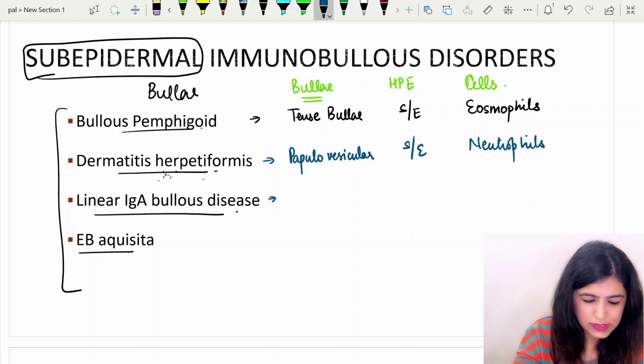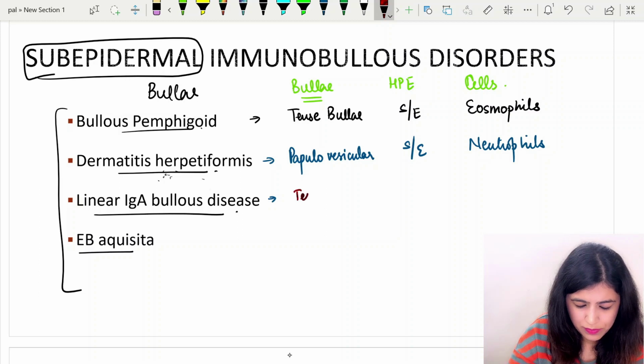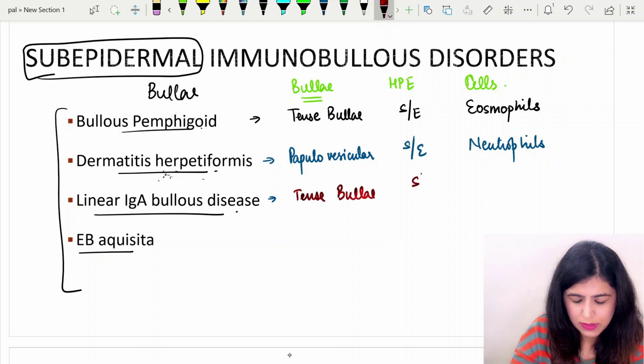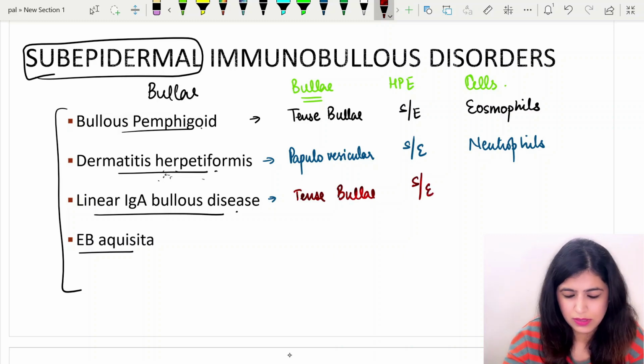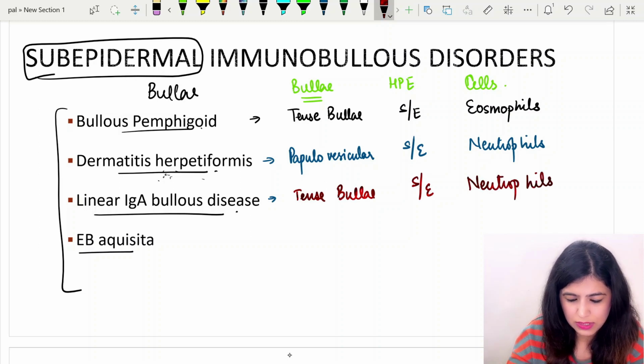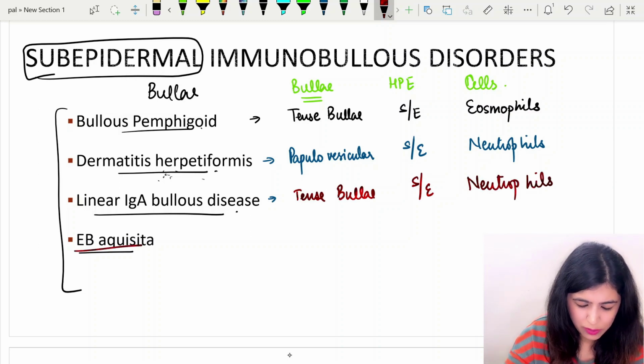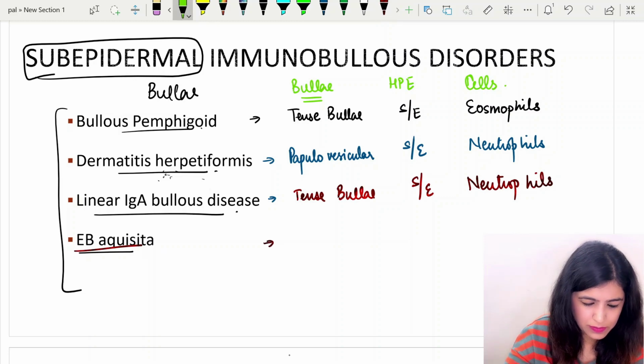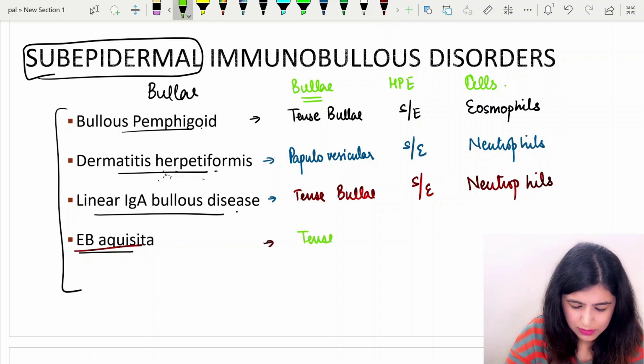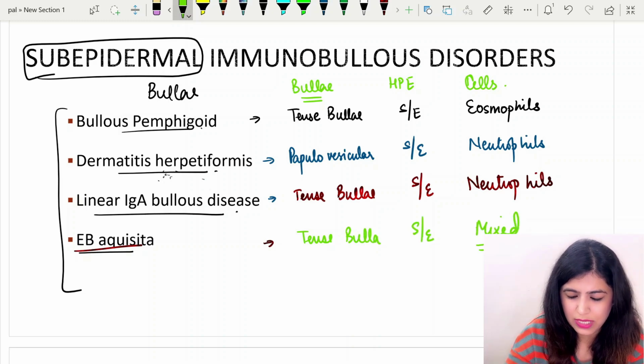Linear IgA bullous disease will show tense bullae, a subepidermal cleft, and the infiltrate is neutrophils. For EB acquisita, again tense bullae, subepidermal cleft with a mixed inflammatory infiltrate.